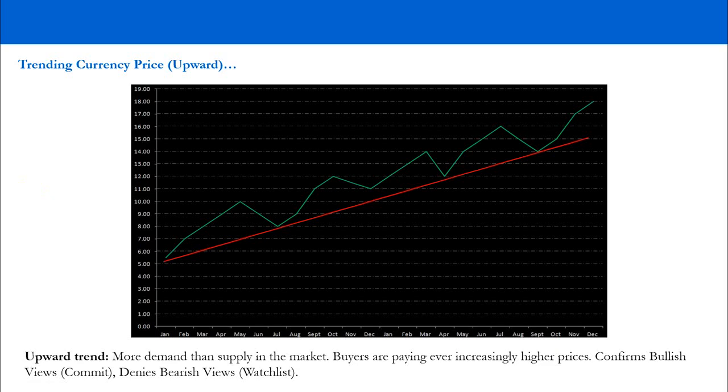Now, when you pull a chart up, if you have a fundamental predisposition that's bullish, this confirms your bullish view. So if you see an upward trend, it's confirming a bullish view, and you would probably get a green light on the traffic light system, and you would be looking to commit capital, subject, of course, to our other technical analysis checks of our overall checklist.